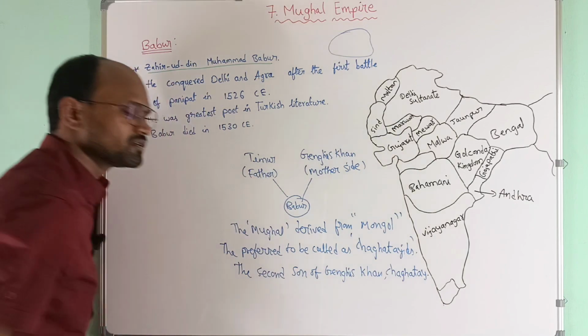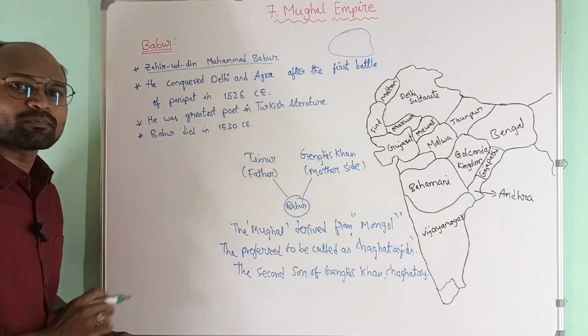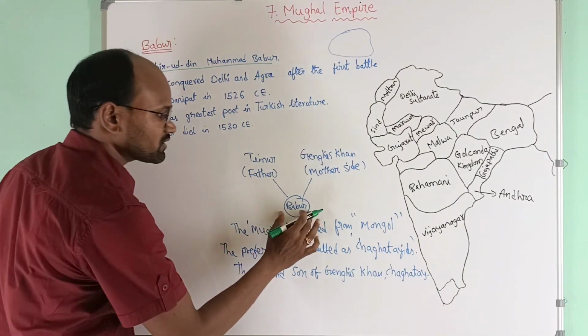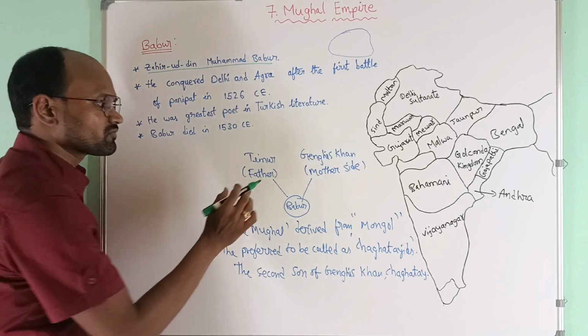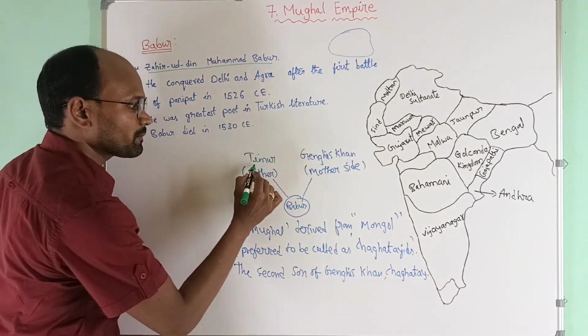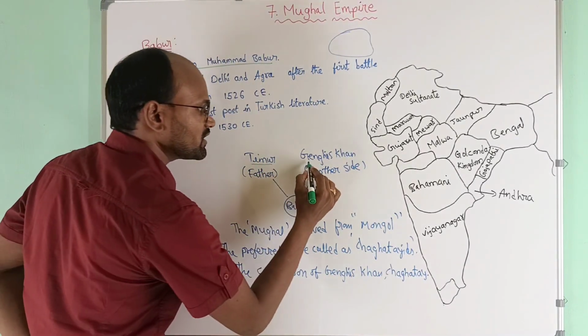So here the important bits are: Babur was a descendant of Timur from the father side and of Genghis Khan from the mother side.